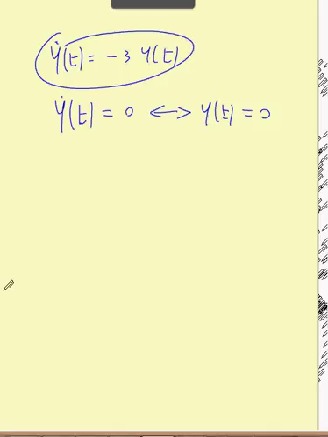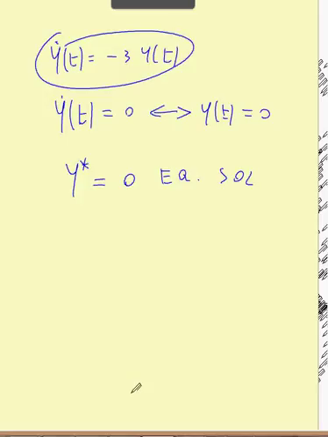But there is another way to check if this solution is stable or unstable. We know that this is stable, but another way to assess the stability is to consider a picture in which we have y dot with respect to y, the relation between the speed and the value of the variable.